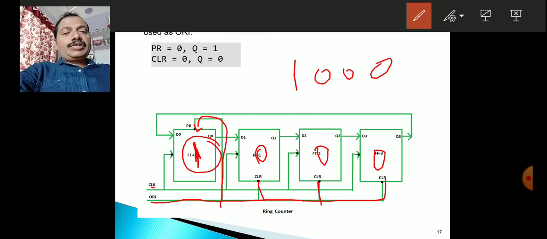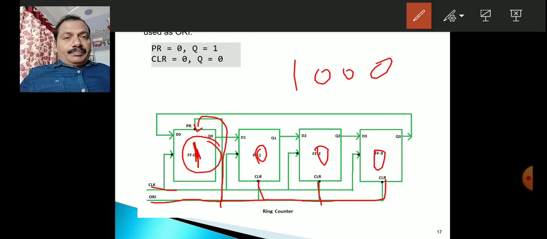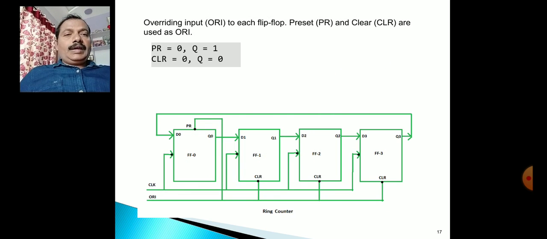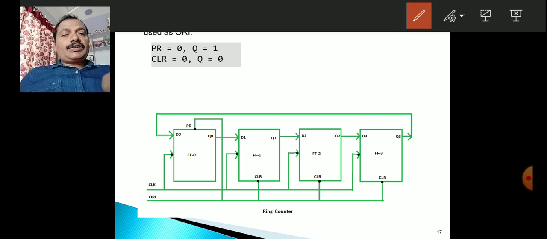and the clock input is given to all the flip-flops simultaneously, hence it is a synchronous type. Whenever preset is 0, then this flip-flop is set to 1, because this 0 is coming to here.